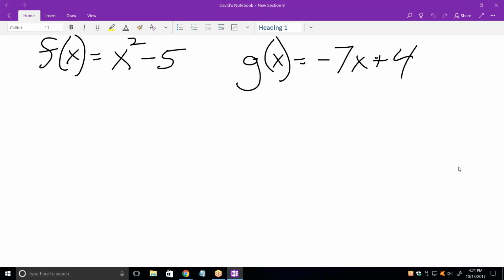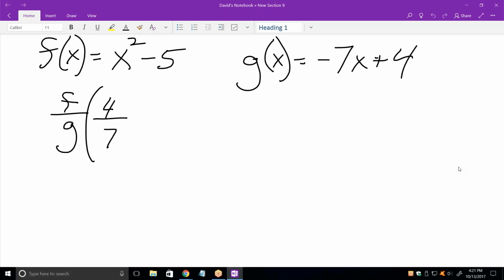And then it says find f of g, or f over g, and 4 over 7 if it exists. f of 4 divided by g of 7? We have f over g, and then it says multiplied by 4 over 7.